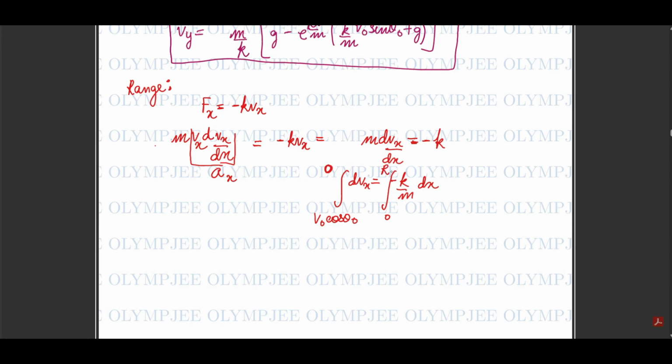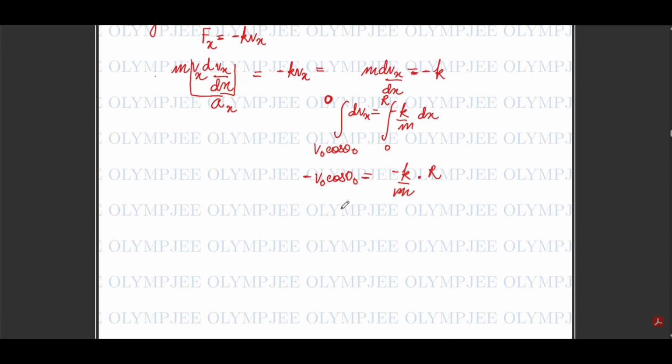So I'm denoting range as r. This gives us minus v naught cos theta naught is equal to minus k by m multiplied by r, which finally gives us r is equal to m by k v naught cos theta naught. This is the answer for range.